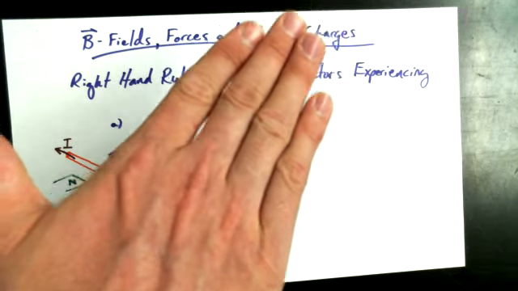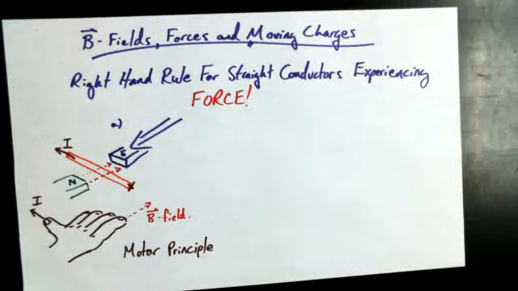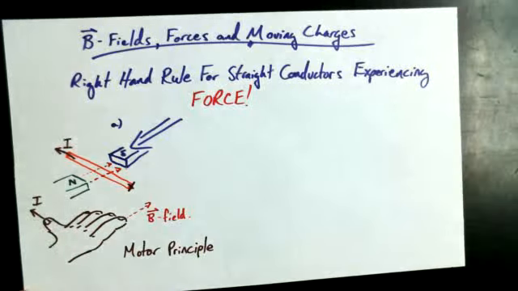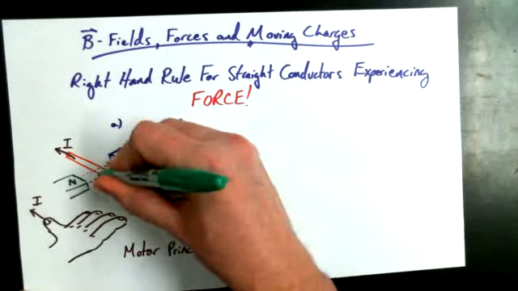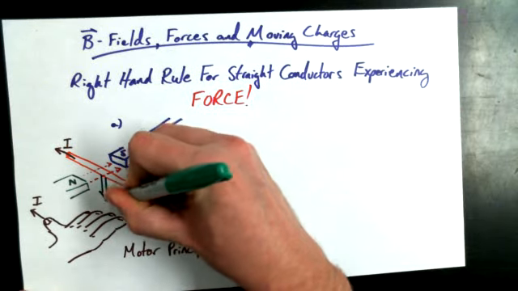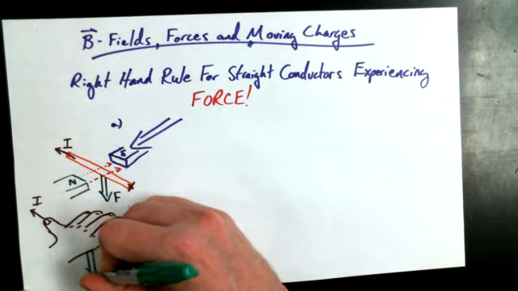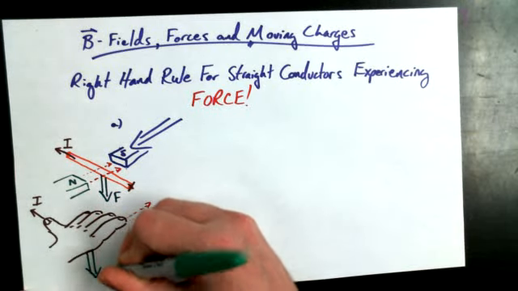So there's actually a force. In this case, this wire would experience a force that would be, well, upwards or downwards? Downwards, in this case. So your palm is in the direction that the conductor would get forced.